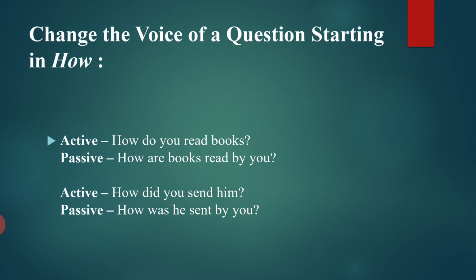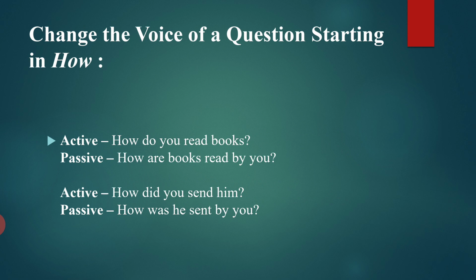Okay, so this is how you can deal with these WH questions. Similarly, with how: WH question, auxiliary, subject, verb and object. In passive, the WH word, then auxiliary, then object, then V3, then by plus subject.